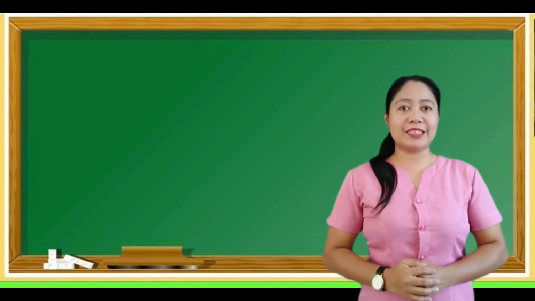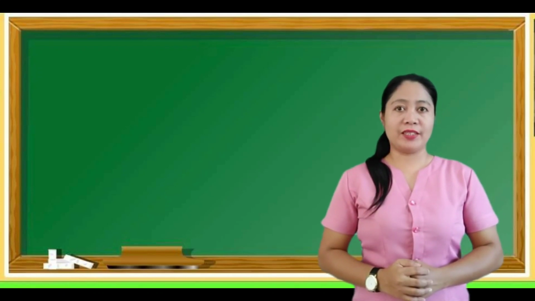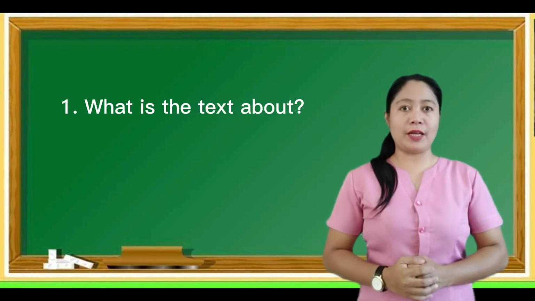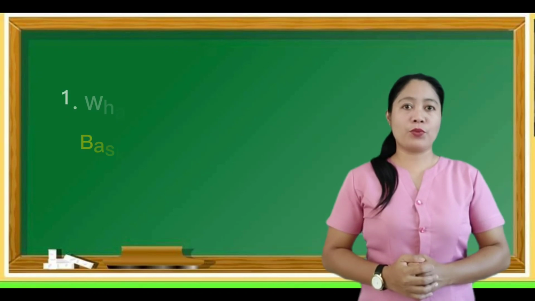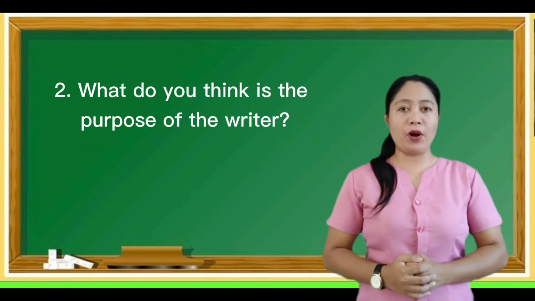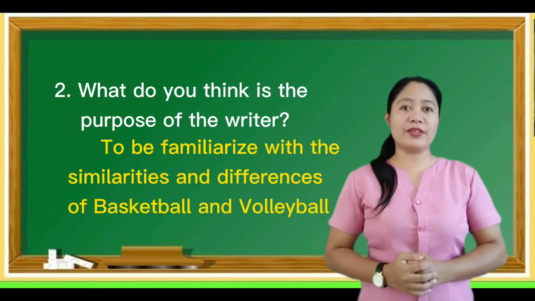Did you understand the selection? Okay, here are the questions. Question number 1. What is the text about? You are correct. Question number 2. What do you think is the purpose of the writer? Very good.